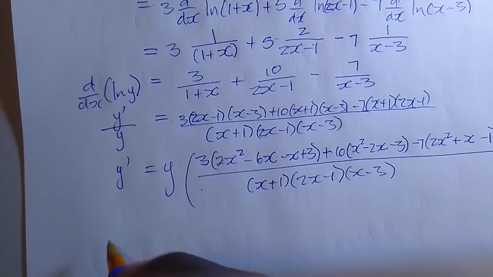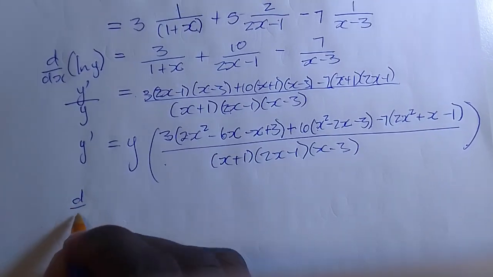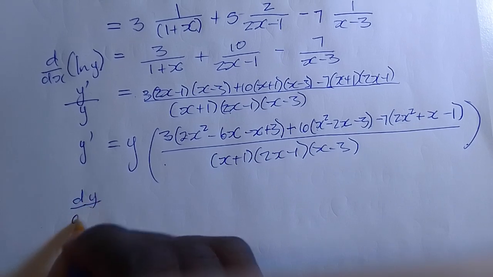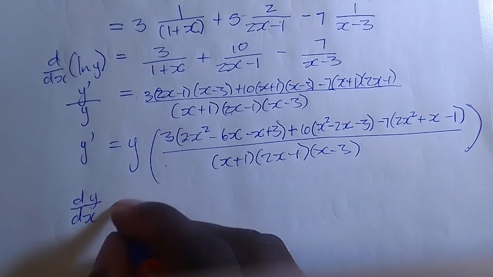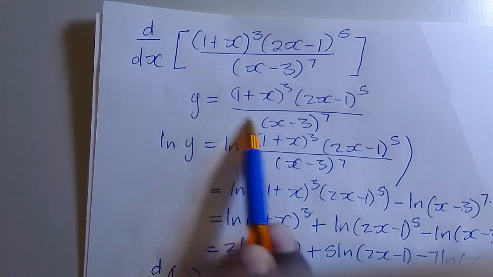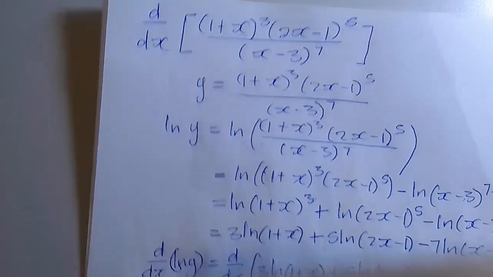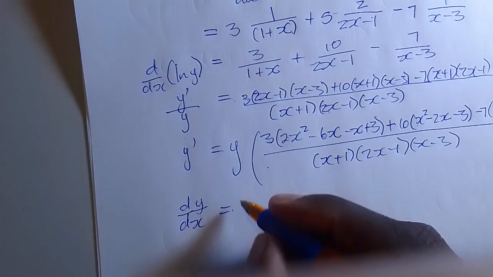I said y prime is actually dy on dx, which is what we're looking for. So we also know what y is, because y is equivalent to this. So we'll take this and write it in the place of y, not dy on dx, but rather y.